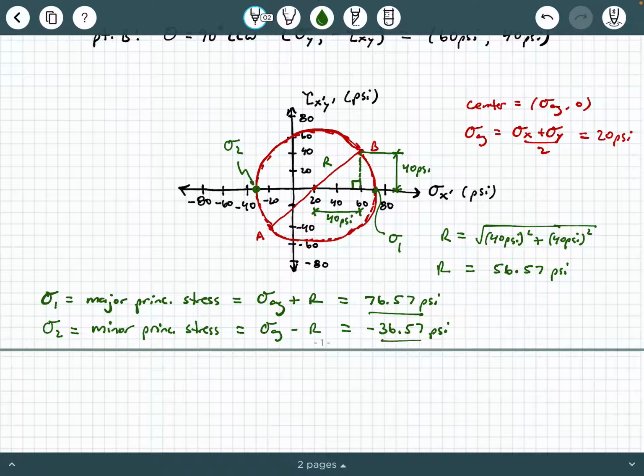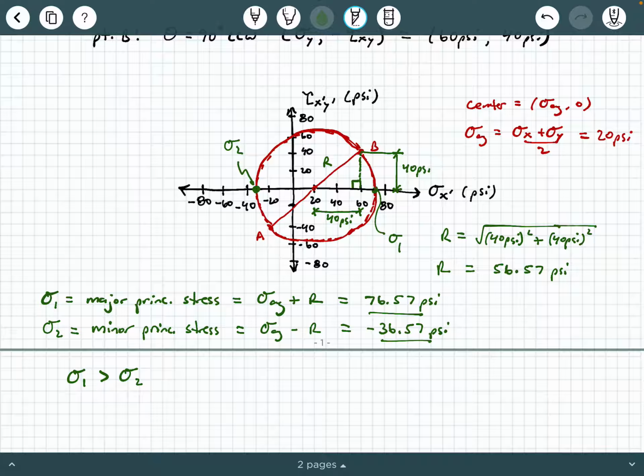So these are parts of my answer. Now remember, numerically speaking, the major principal stress is the bigger of the two, okay? So how do you know which one is major and which one is minor? Well, again, the major principal stress is the numerically larger of the two values, all right?